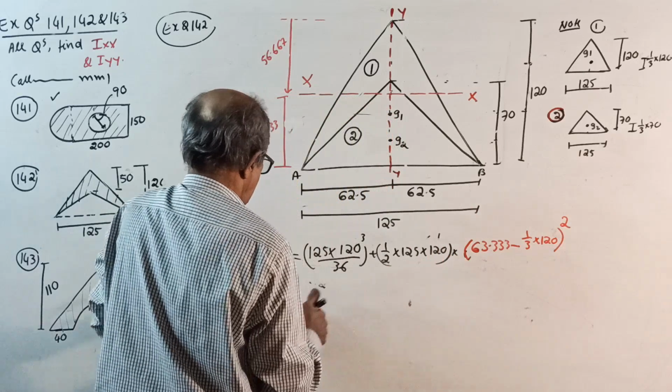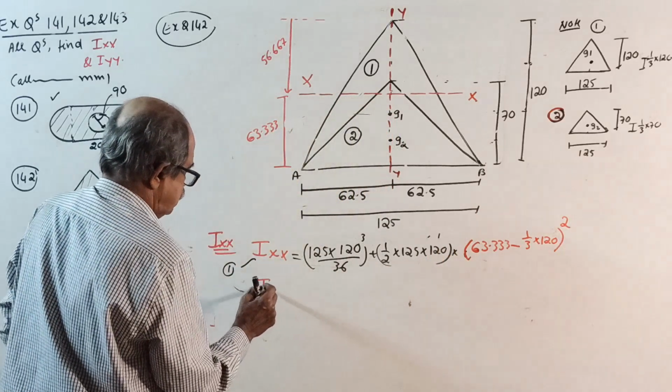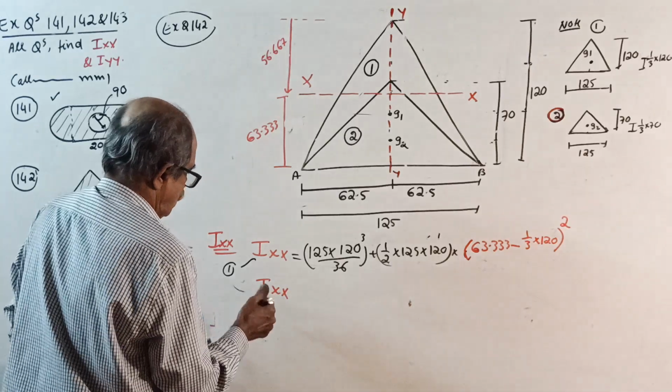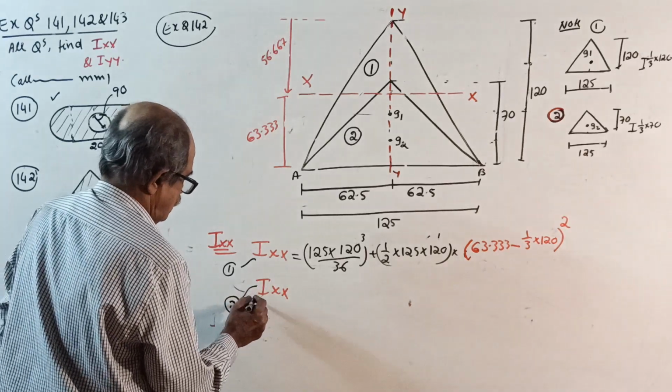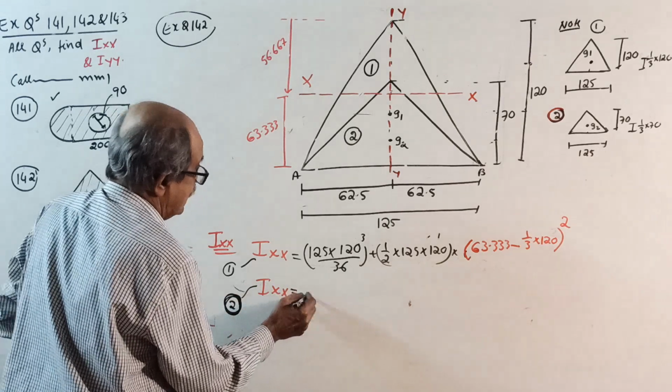Okay, over. IXX for 2. Be careful, it is a remote cutout part.